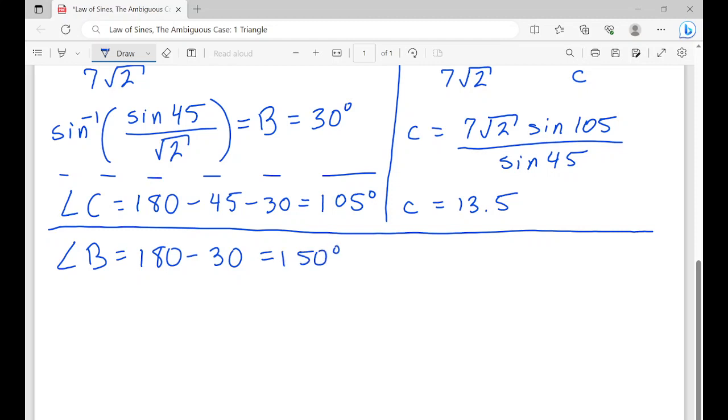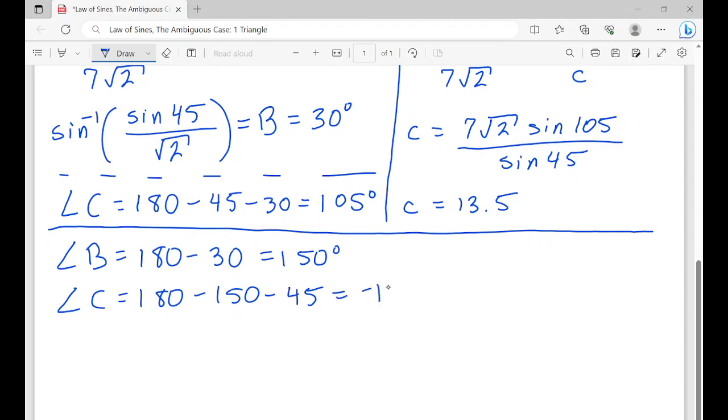Now, how will we get angle C? Angle C is very simple. We would again do 180 minus 150 minus 45, because that is what angle A is. And that's going to end up giving us a negative number, right?